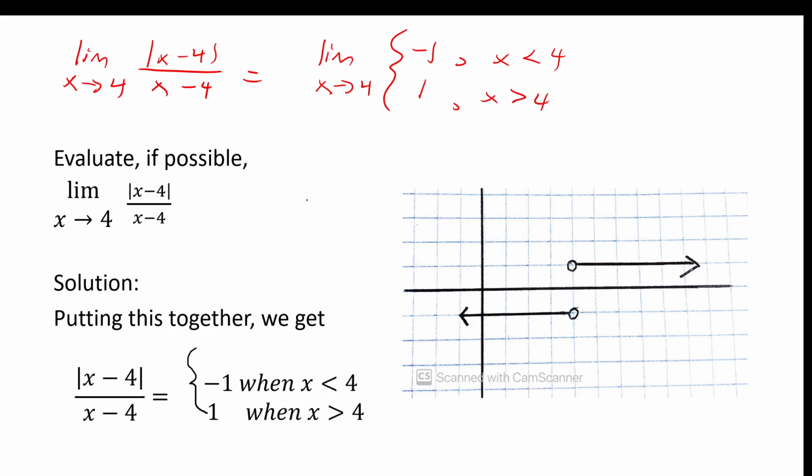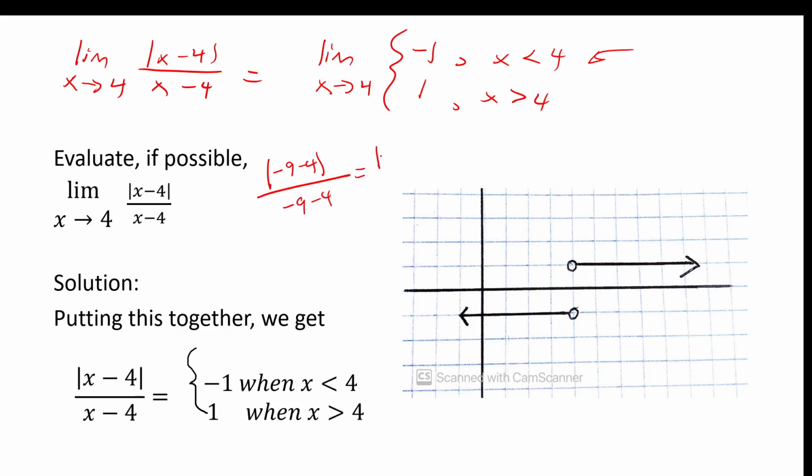I'd like to just take a moment or two to plug in a few values. Let's imagine a number less than 4. I'm just going to make up the number -9. Let's let x be -9. The absolute value of x minus 4 over x minus 4 will equal the absolute value of -9 minus 4 over -9 minus 4.